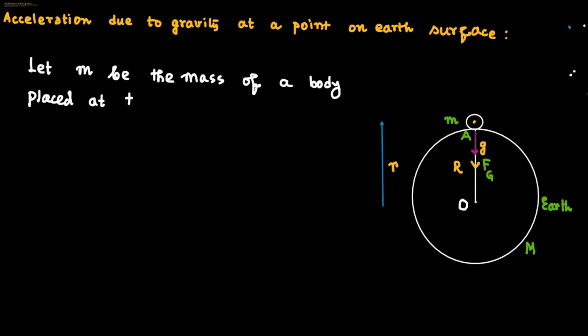Let small m be the mass of a body placed at the point A on Earth's surface.